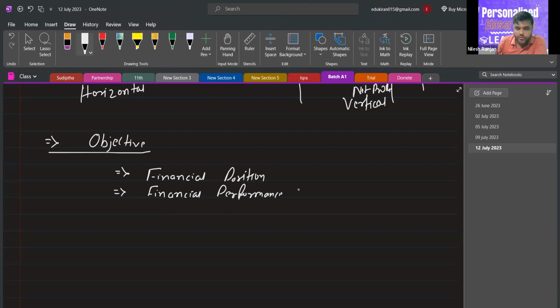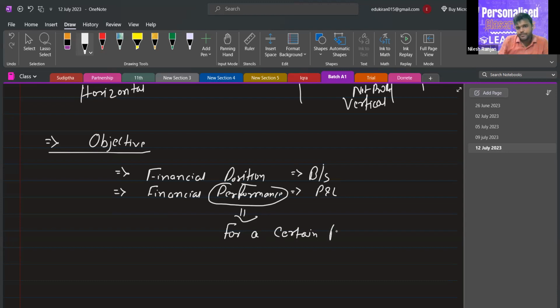For financial performance, we prepare a statement of profit and loss, and for financial position, we prepare balance sheet. Now, generally the performance is measured for a certain period, and position is taken on a certain date.